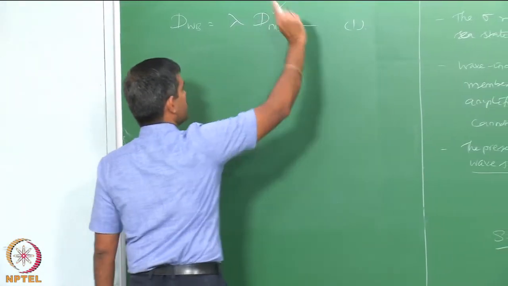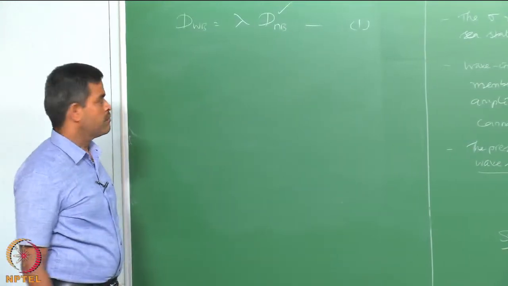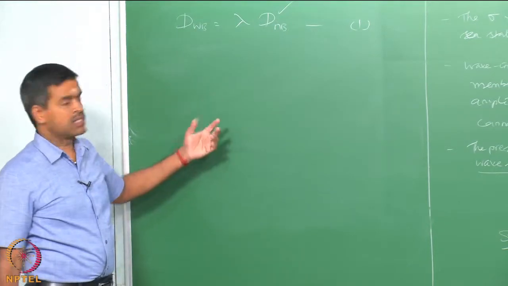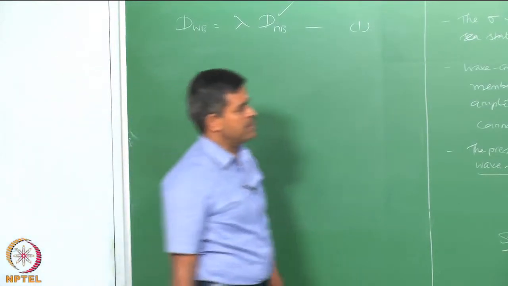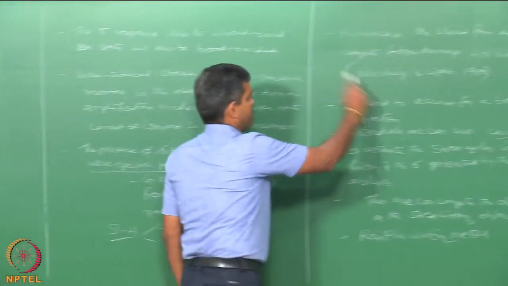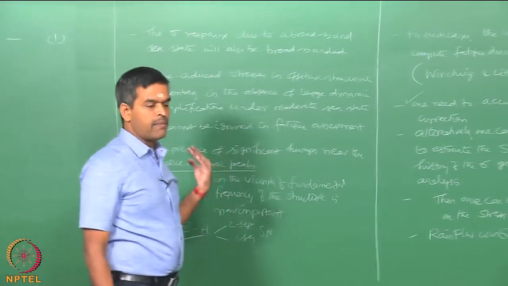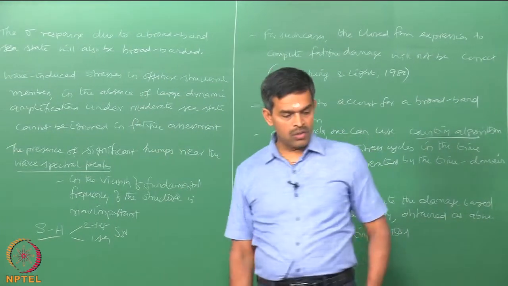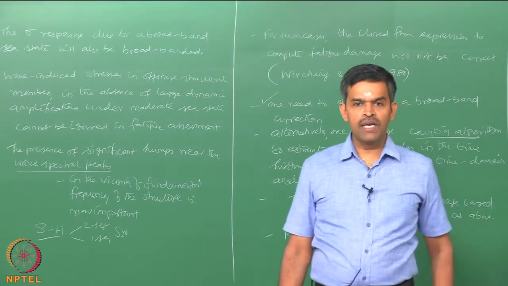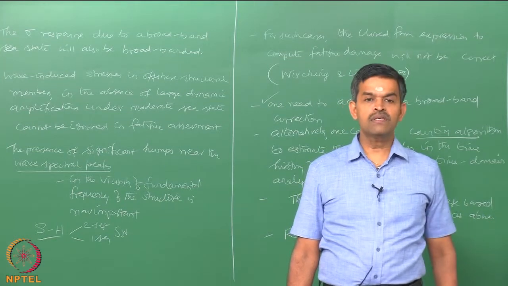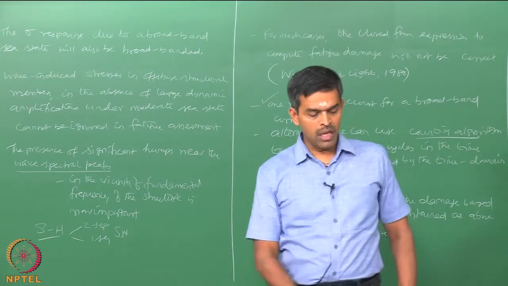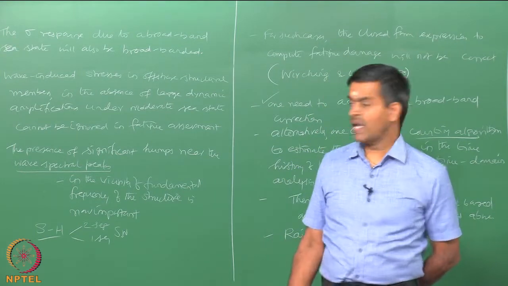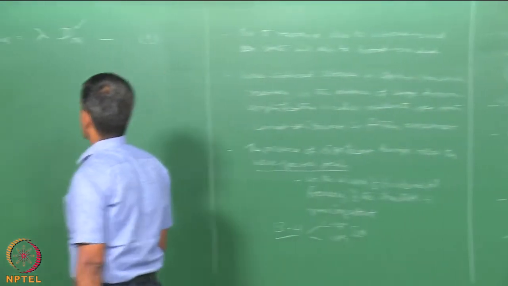If you know the estimate of fatigue damage from the narrowband theory you already assumed, you can always adopt the correction factor as we said here to account for the wideband corrections. In this case, D_WB denotes the wideband process obtained from the time domain analysis, and D_NB denotes the narrowband process obtained by making a narrowband assumption, whereas lambda is what we call a correction factor.